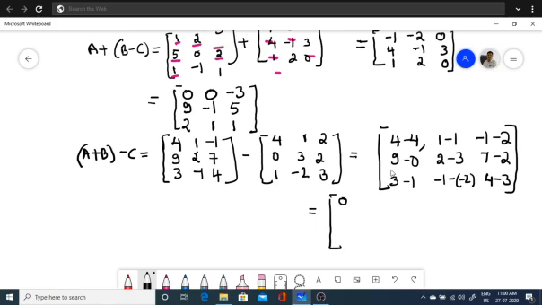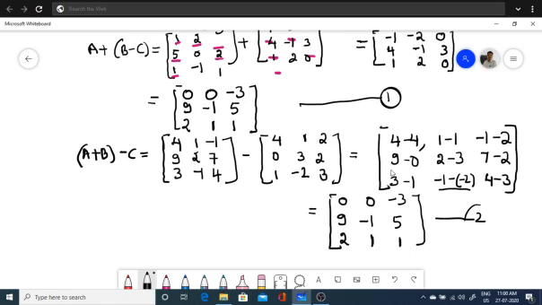So 4 minus 4 is 0, 1 minus 1 is 0, minus 1 minus 2 is minus 3, 9 minus 0 is 9, 2 minus 3 is minus 1, 7 minus 2 is 5, and 3 minus 1 is 2, and minus 1 plus 2 will become plus 1, 4 minus 3 will become 1. So this is A plus B minus C.